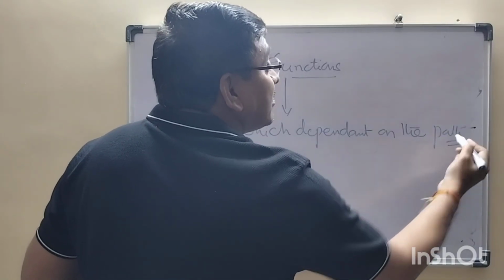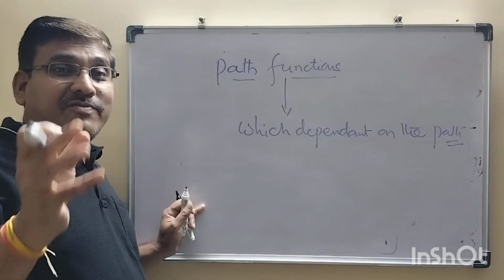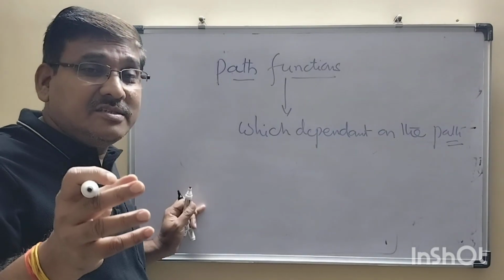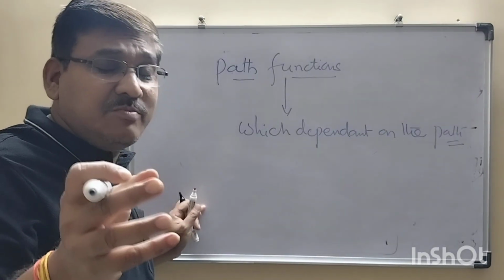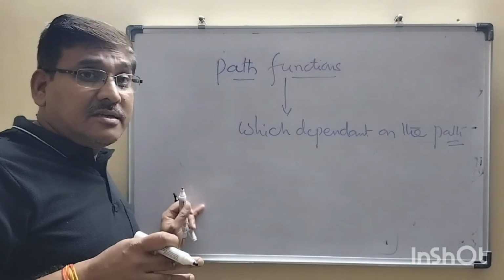The path is necessary for these, whereas in state functions the path is not necessary. How they have come doesn't matter there. But here, the path is necessary.